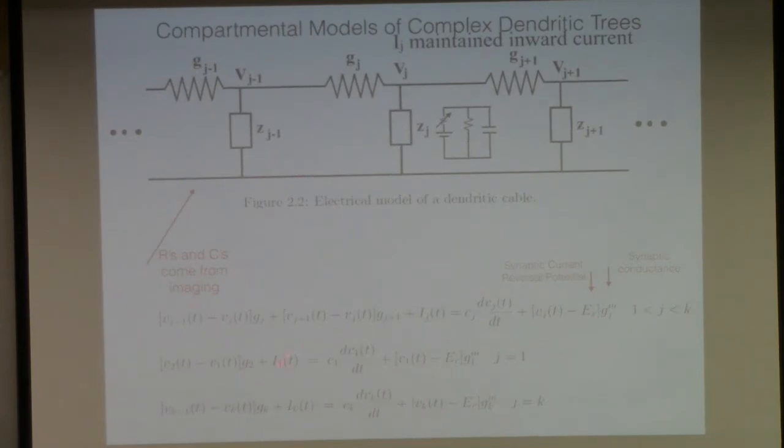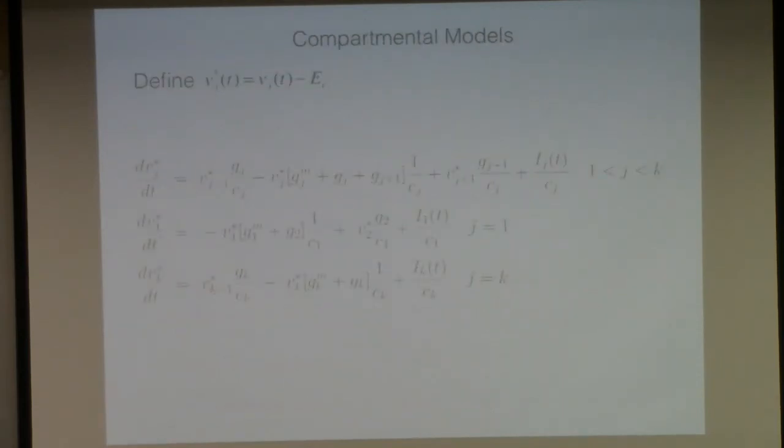And so we can go through every node in this cable and write an equation like this. And then there are equations that are applied at the end of the cable. Let's assume this is a finite length cable. So there's an equation for the first node over here, and the last node over there. All right? So you know how to do that. It's just Kirchhoff's current law.